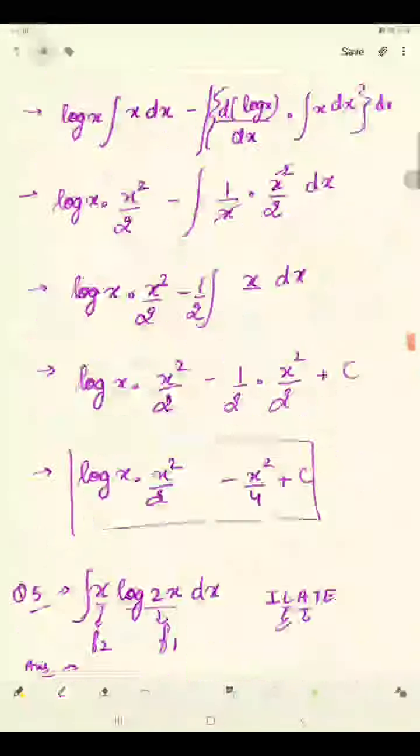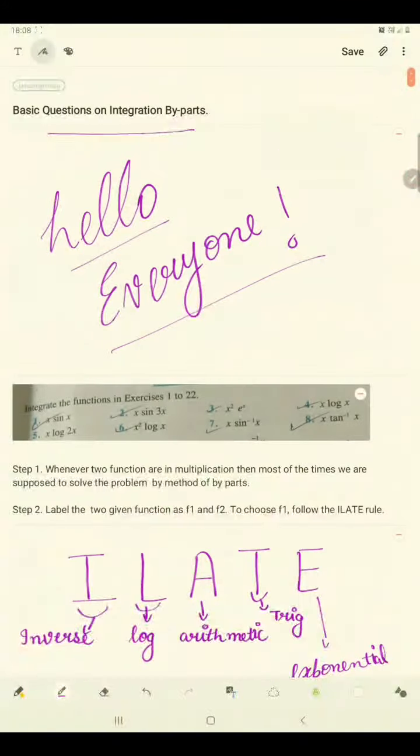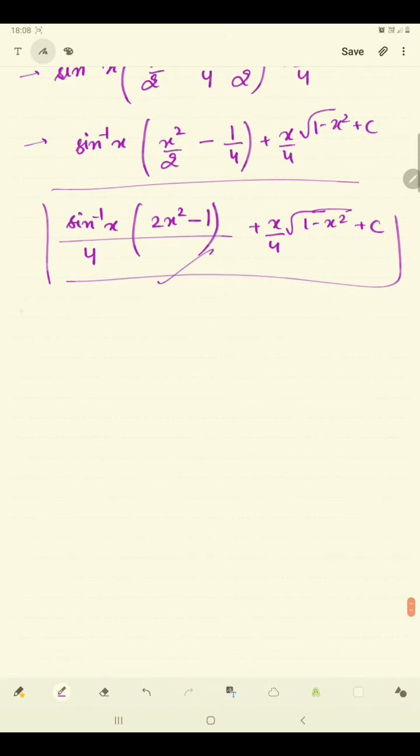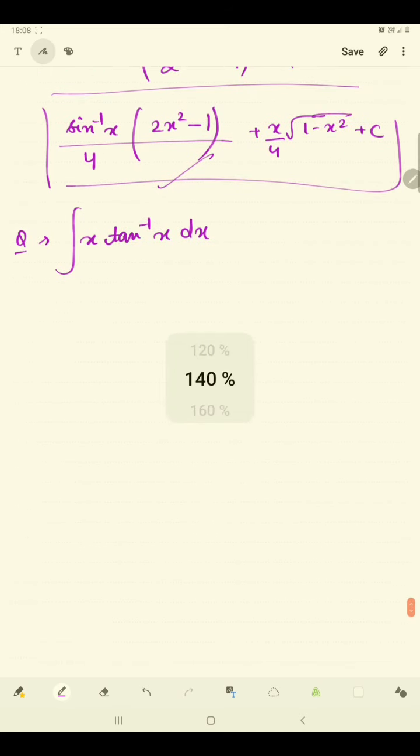Now just the final question left. The final question says x tan inverse x. So this is also pretty much similar to the form we did in this question. So we have integration of x tan inverse x dx. Again this is going to be our first function.